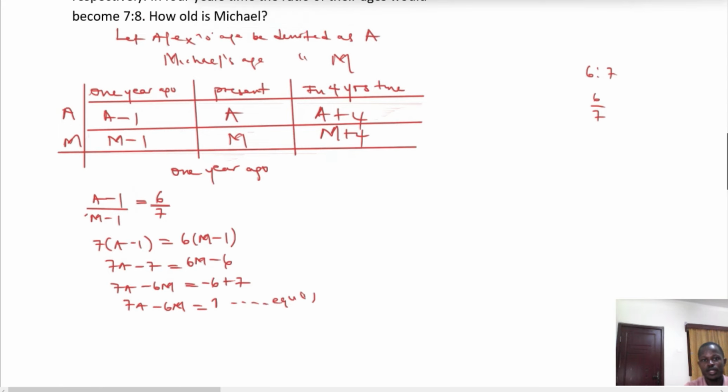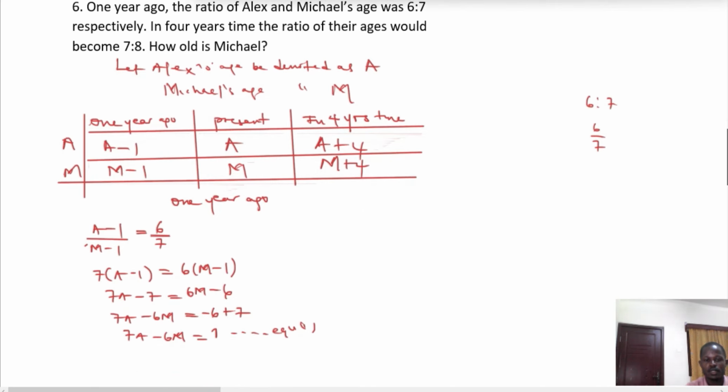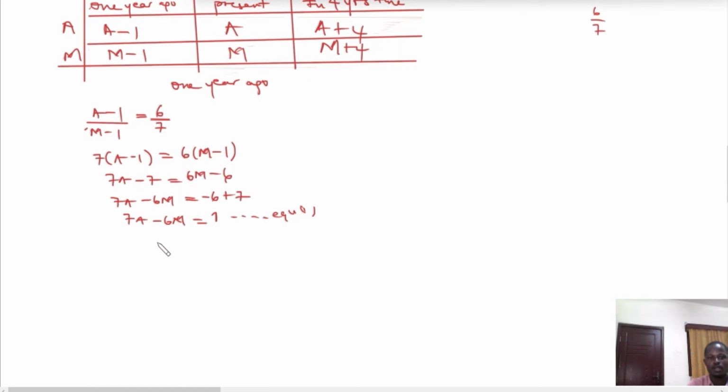Now we're going to go to the second statement, which reads: in 4 years' time, the ratio of the ages will become 7:8. In 4 years' time, Alex is A plus 4 and Michael is M plus 4.